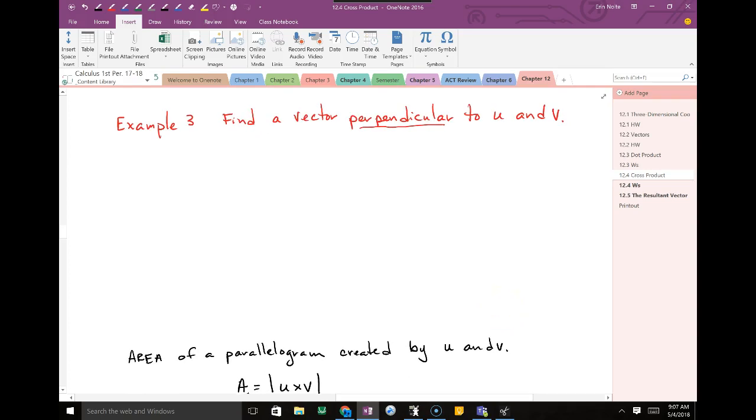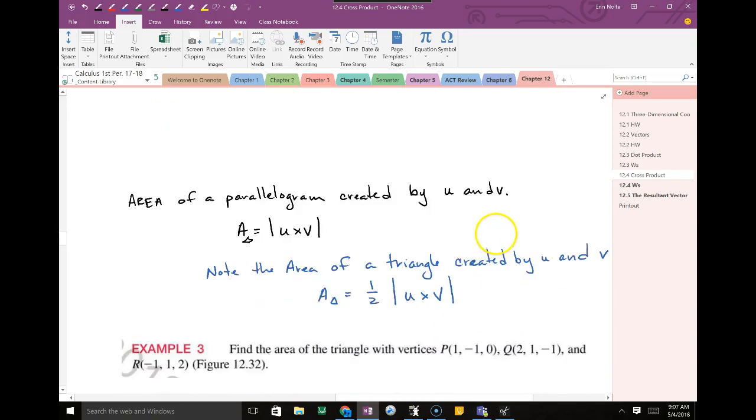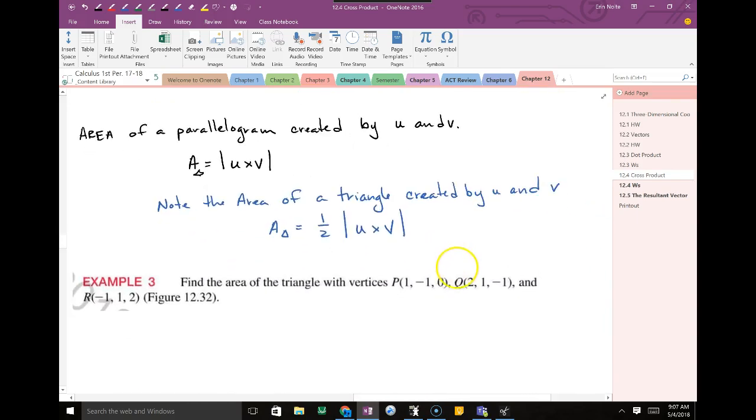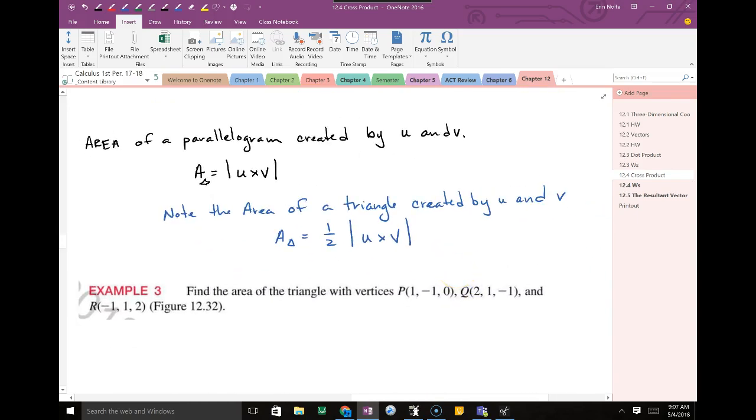Now check this out. This is where things become super awesome in the vector world. You can find the area that exists between two vectors. So for an area, a parallelogram.